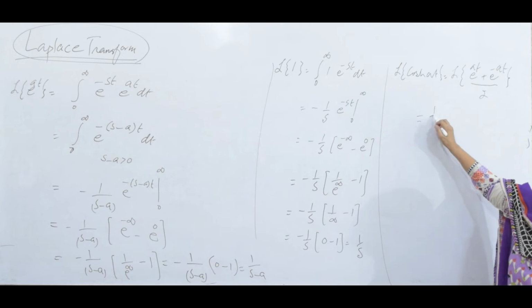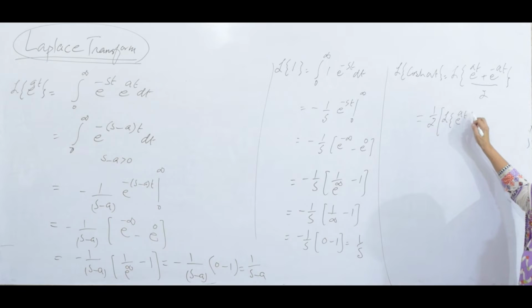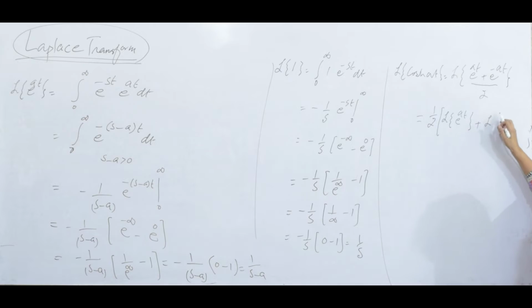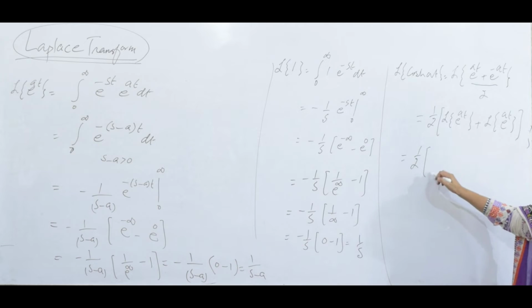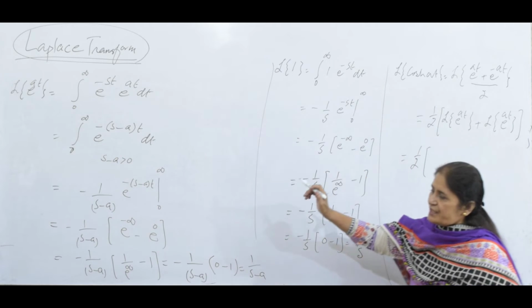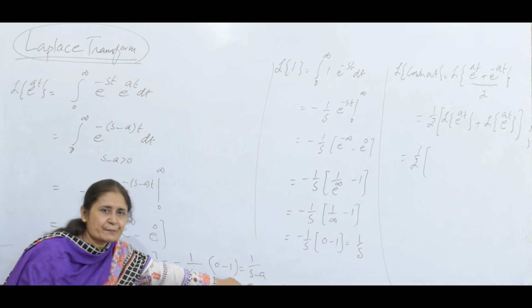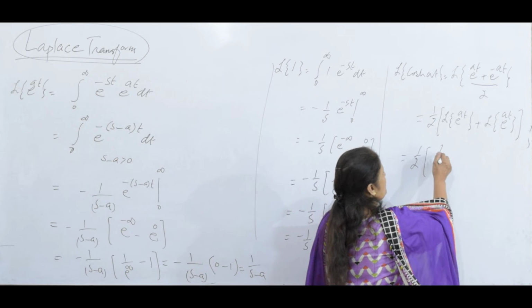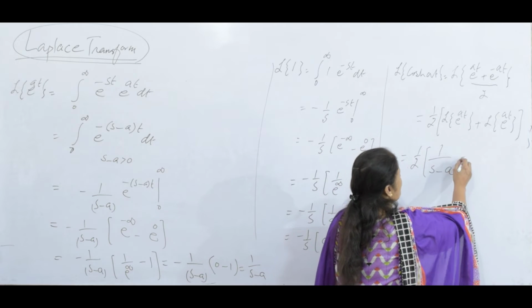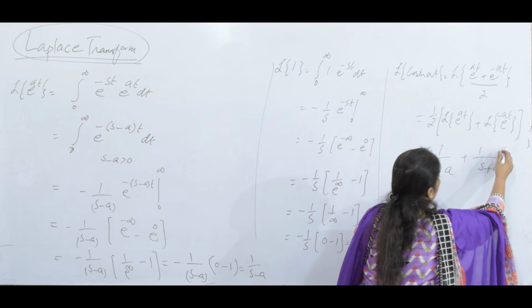So there are two functions; the half is taken out, and the Laplace transform works separately on both functions. We are familiar with e^(at); we have just found that the Laplace transform of e^(at) is 1 over (s minus a). You are not going to use the definition again, you know this. So you write 1 over (s minus a) plus 1 over (s plus a).